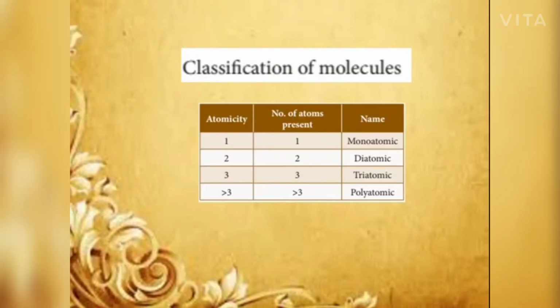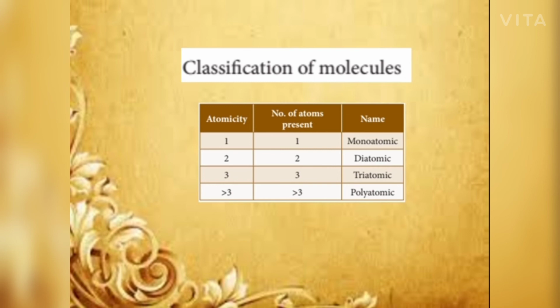Depending on the atomicity, molecules are further classified as monoatomic, diatomic, triatomic, polyatomic. If atomicity is 1, that means number of atoms present in the molecule is 1. That comes under the category monoatomic. If atomicity is 2, that means number of atoms present in the molecule is 2.